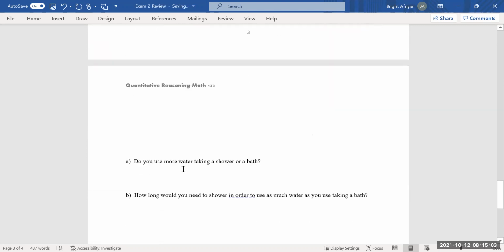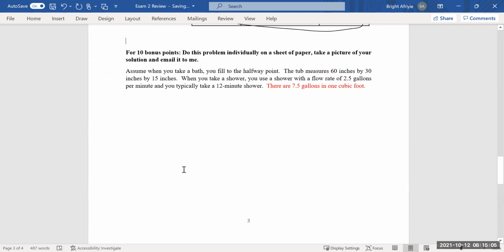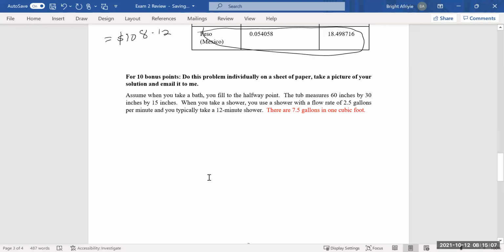Now, we have this problem that says assume when you take a bath, you fill the bathtub halfway. The tub measures 60 inches by 30 inches by 15. Because we're talking about space, we're talking about volume.